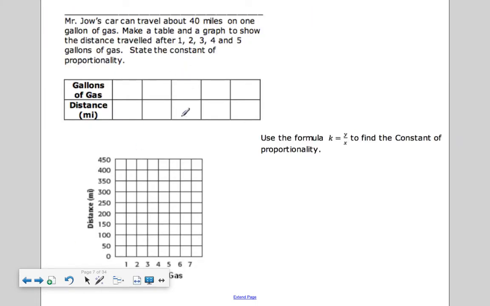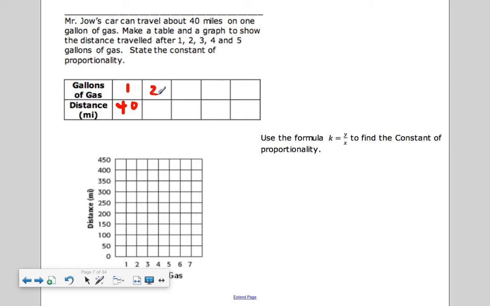So for example, Mr. Joe's car can travel about 40 miles on 1 gallon of gas. Make a table and a graph to show the distance traveled after 1, 2, 3, 4, and 5 gallons of gas. State the constant of proportionality. So let's see. If I have 1 gallon of gas, I can drive 40 miles. Not bad.